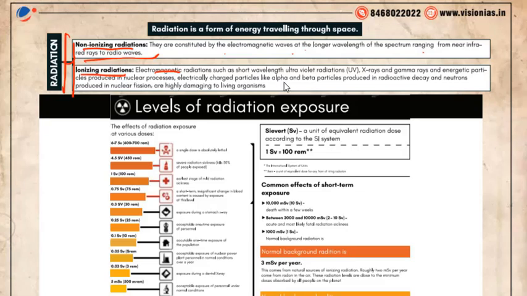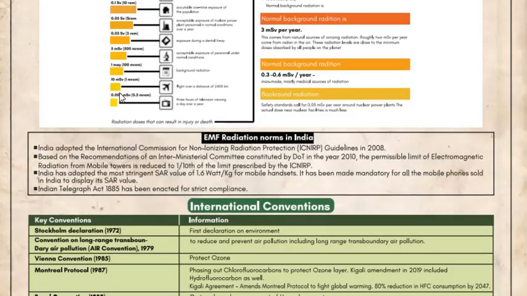Electrically charged particles like alpha and beta particles are produced by radioactive decay, and neutrons are produced by nuclear fission, and they are highly damaging to living organisms. So these are the radioactive pollution.